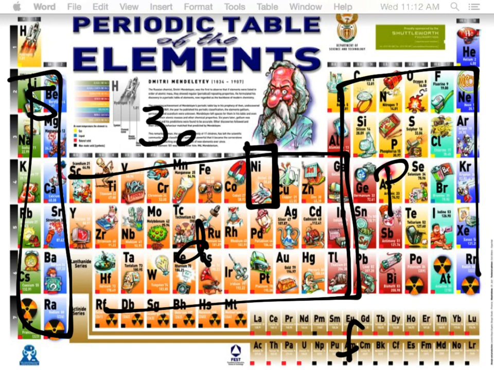Okay, so we're 3d. Which column are we? 1, 2, 3, 4, 5, 6, 7. Thank you for those of you who can count faster than I can. Thanks for rubbing it in. 8. The last one needs to be 3d8 to explain the last electron for nickel. That's where I would start first.